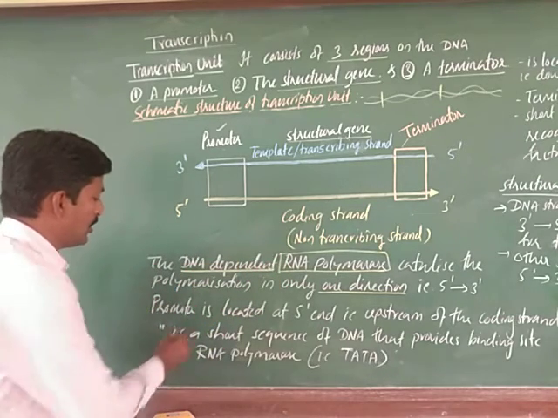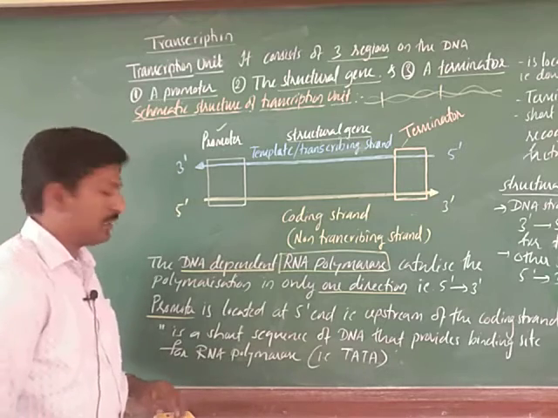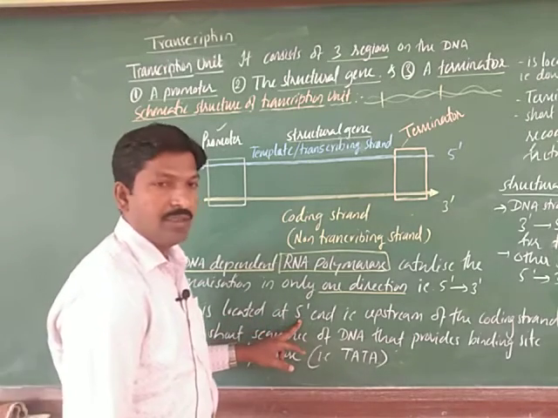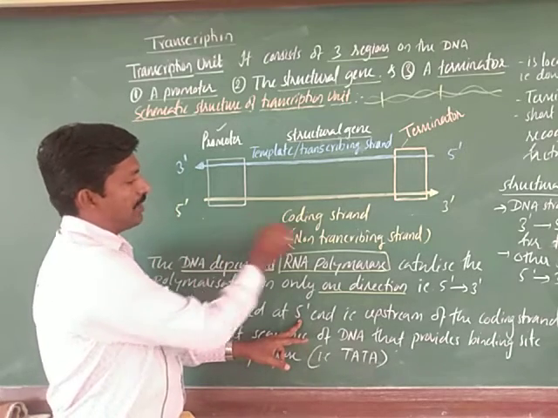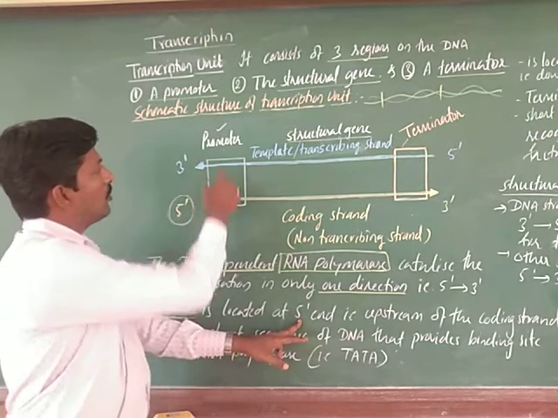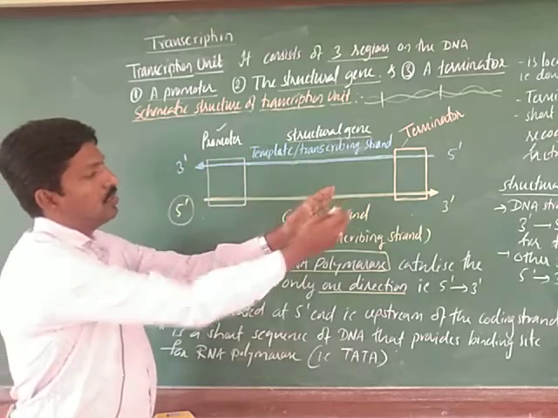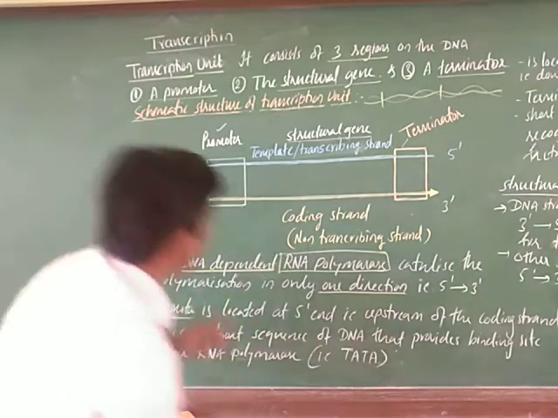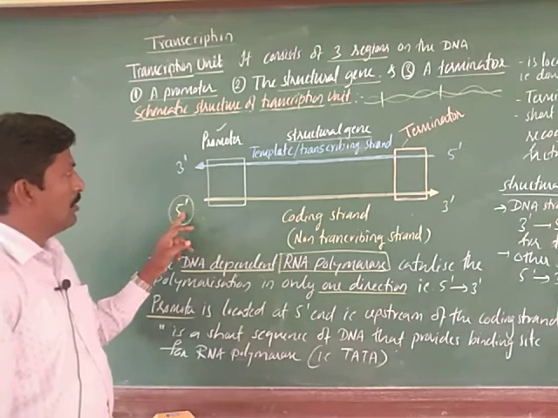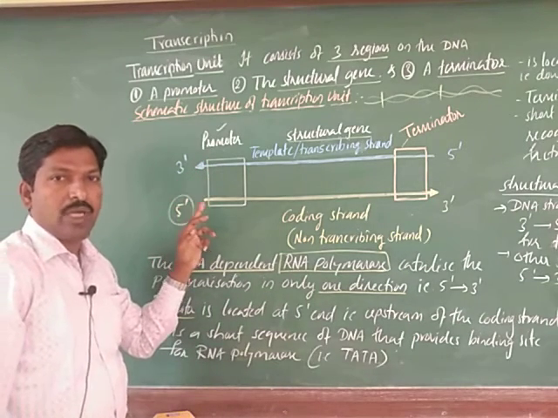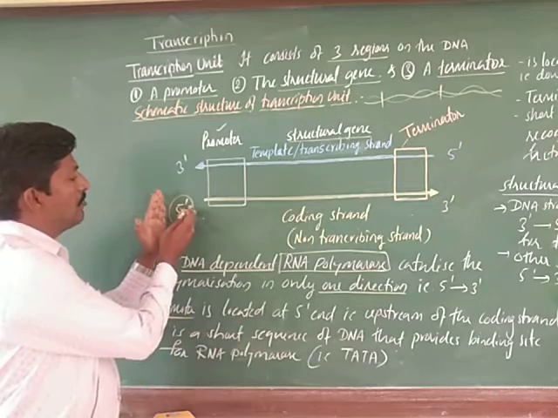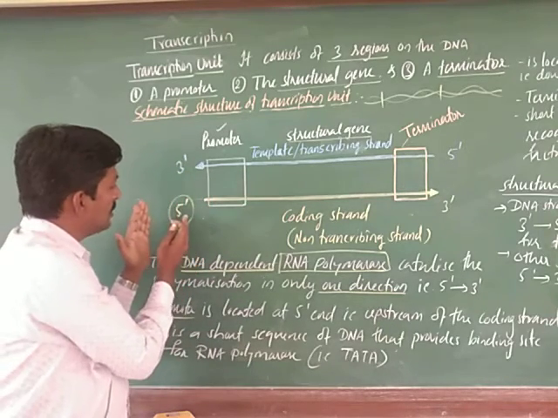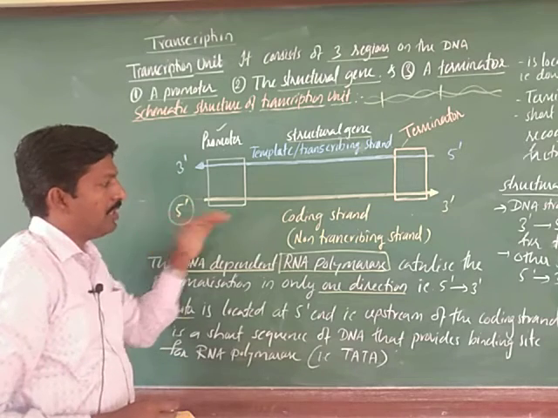Next, let us discuss the promoter, which is located at the 5' end of the coding strand, not at the 3' end. It may be an extended part, which is why we take it as towards the 5' end of the coding strand.